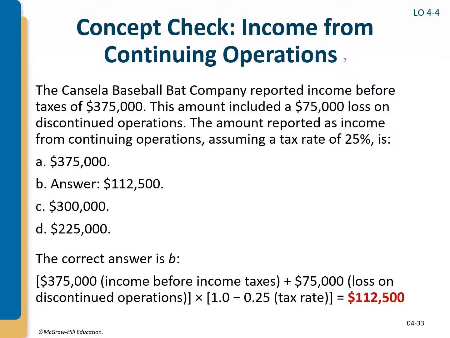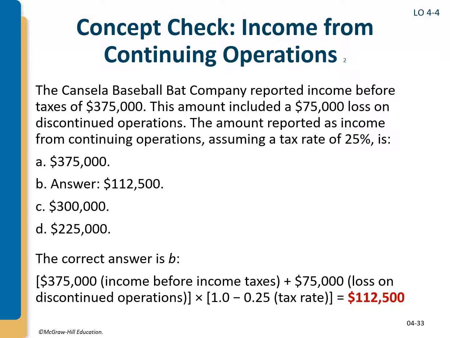I don't know what's going on. 375 plus 75,000 will give you income from continuing operations of 450. Times that by 0.25, your tax is 112,500. It says the amount reported as income from continuing operations. No, that's the tax on the 450. Subtract the 450,000 from that.